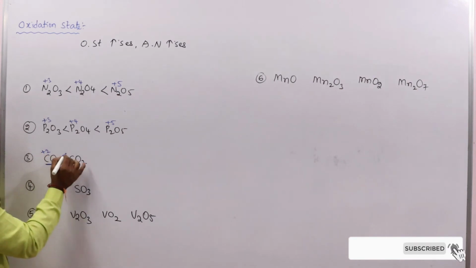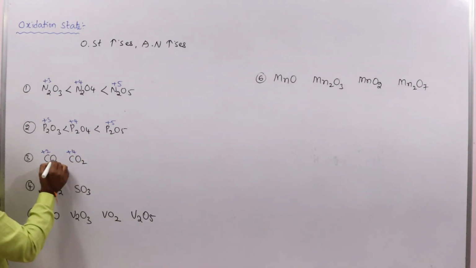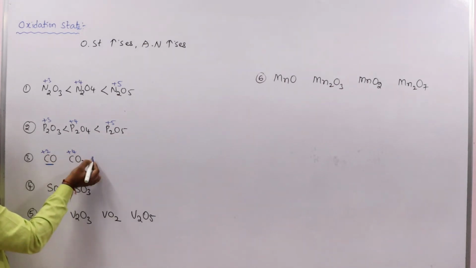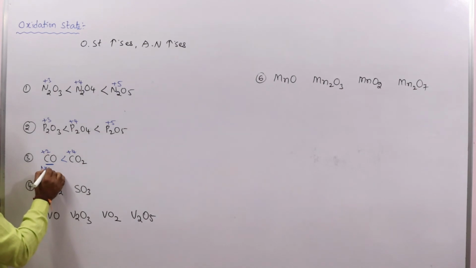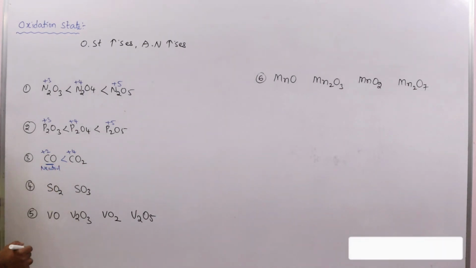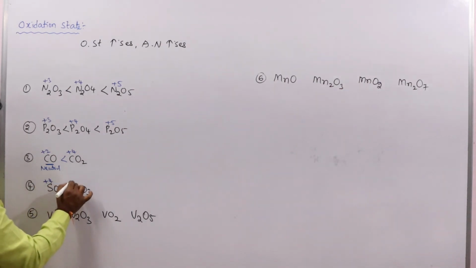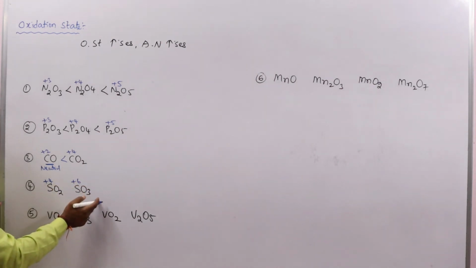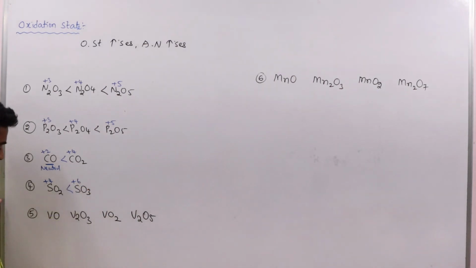The oxidation state is +2 here and +4 here, so acidic nature increases, but CO is a neutral oxide. Then SO2 and SO3: the oxidation state of sulfur in SO2 is +4 and in SO3 is +6, so acidic nature also increases.